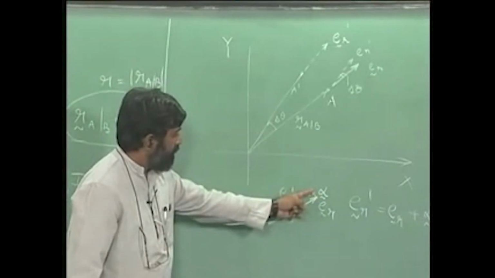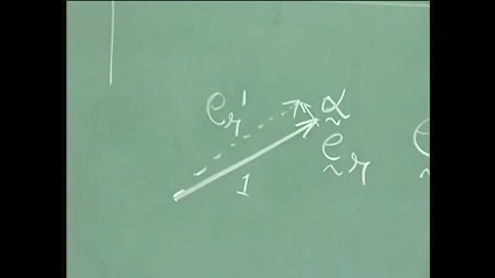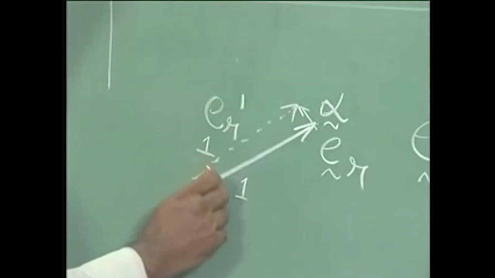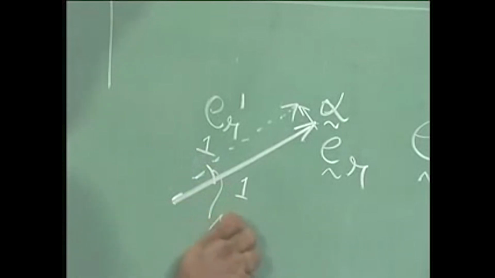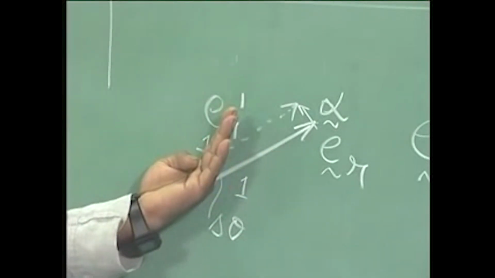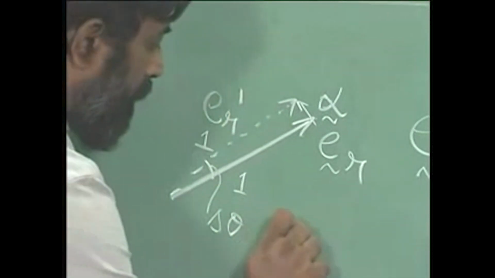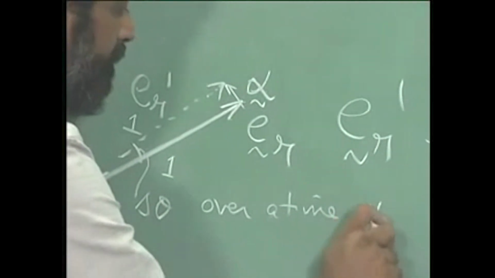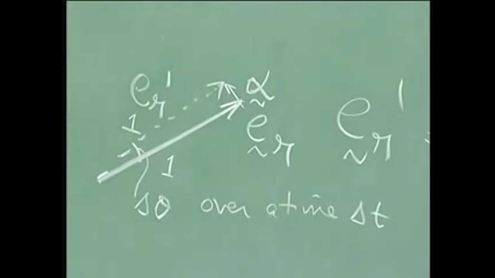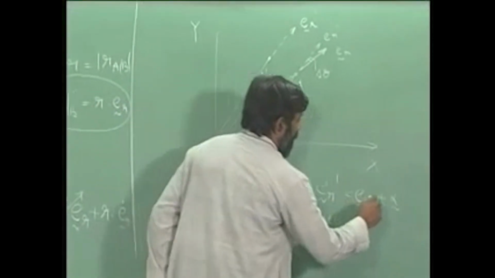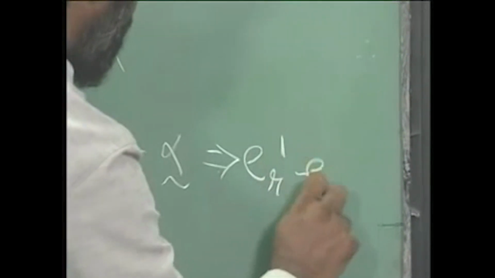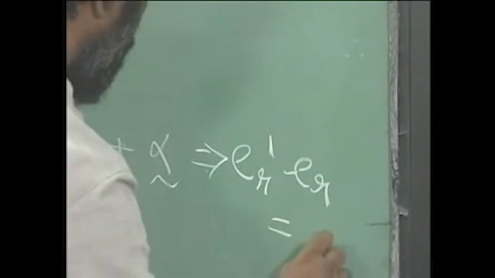ER plus alpha is equal to ER prime. Okay. What is the length of ER prime? That is also equal to 1. What is this angle? This is delta theta, and this has occurred over a time delta t, alright. This implies that ER prime minus ER is equal to alpha.